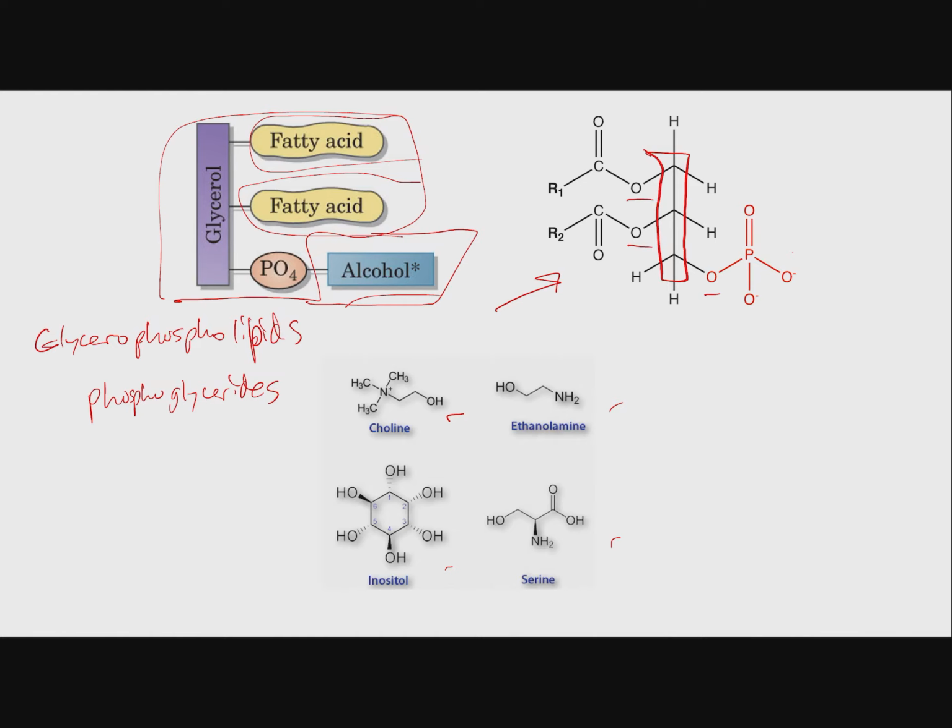So this is phosphatidic acid. And then when it gets added to one of these guys, we get the alcohol, these different alcohols. We get the various different phospholipids. So also mentioned here, the fatty acids don't have to be the same as each other.